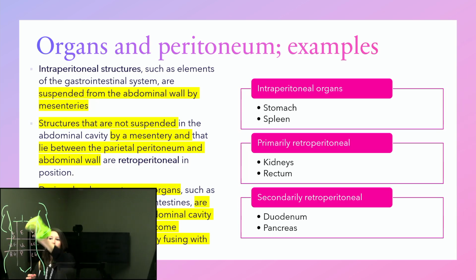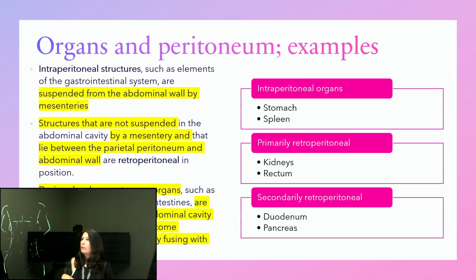So that's what that means. All right, so the intraperitoneal structures are suspended from the abdominal wall by the mesenteries. And here I have given you some examples that didn't really erase very well, but anyways. Two examples of intraperitoneal organs I can give you are the stomach and the spleen. Those are intraperitoneal, which means they're inside and protected fully by your peritoneum.